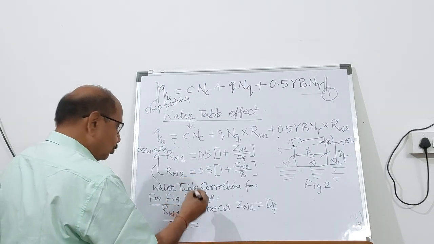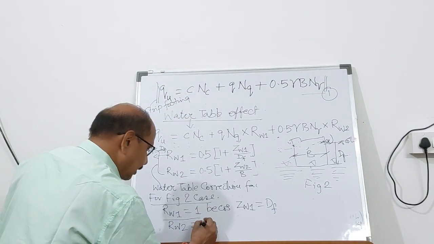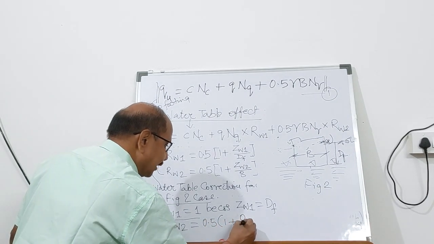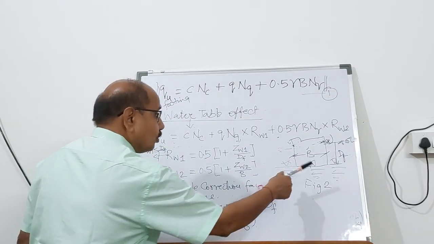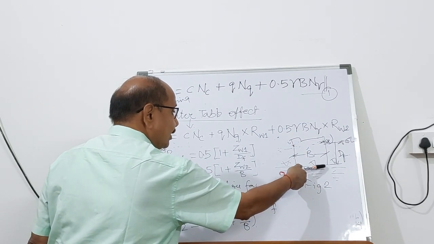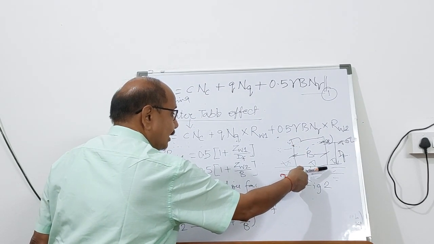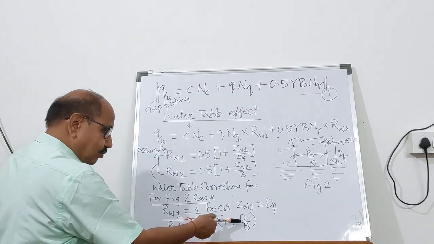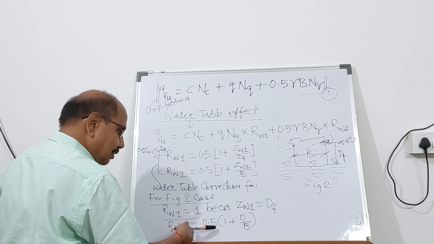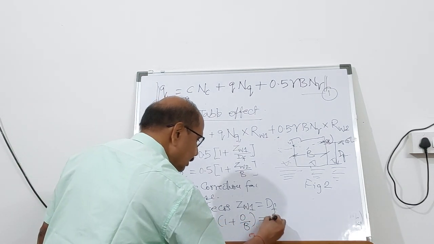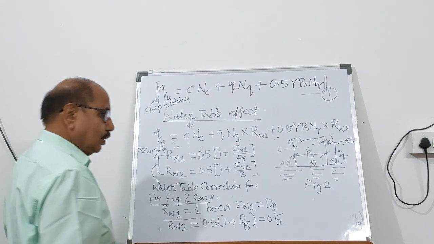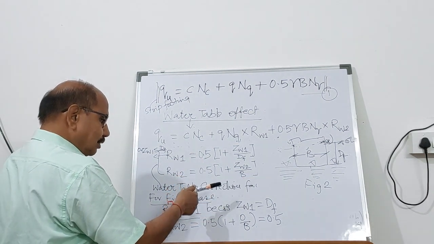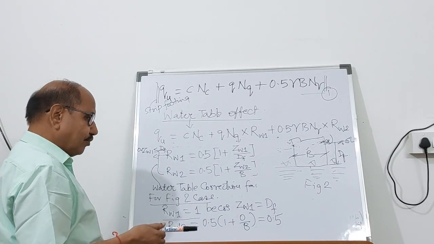So it becomes 0.5 into 1 plus 0 by B, which is 0.5. So the maximum value of RW2 is 1 and the minimum value is 0.5.